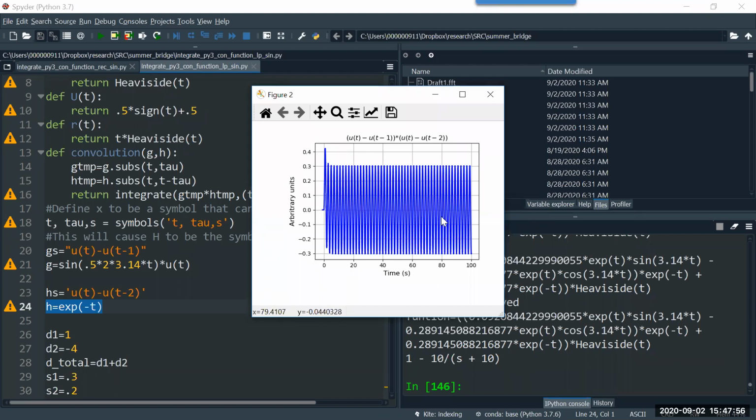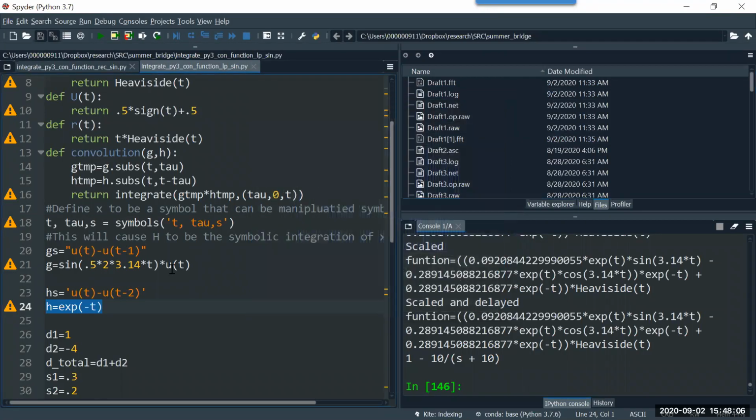But you can see that it doesn't exist, and then it takes time for it to settle.